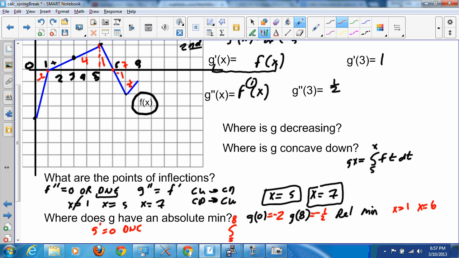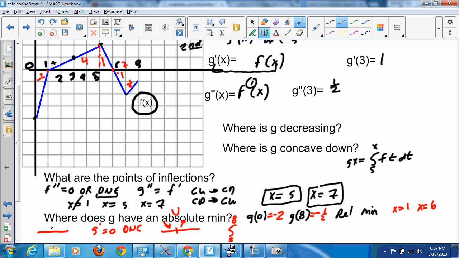Well, in order for me to have a relative minimum, remember our sign charts. This is a critical value. In order to get a relative minimum, the graph has to be decreasing and then change to increasing. This would represent a relative minimum.